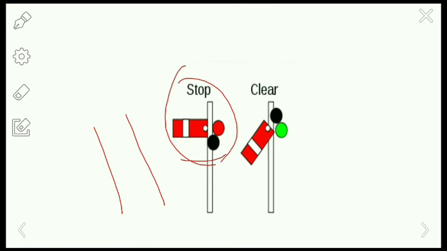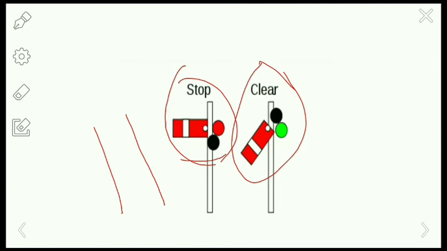If the track is free, the train can pass through and there is no collision, so it will be indicated by clear. Semaphore signaling was basically used in the old railway system.